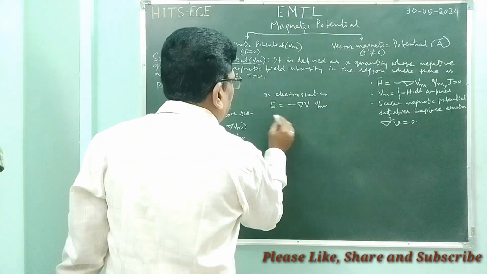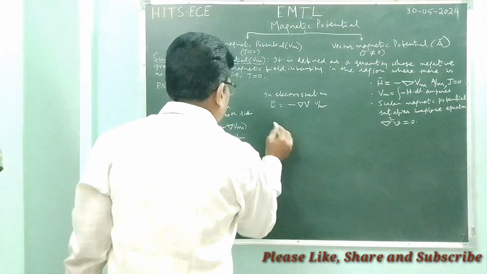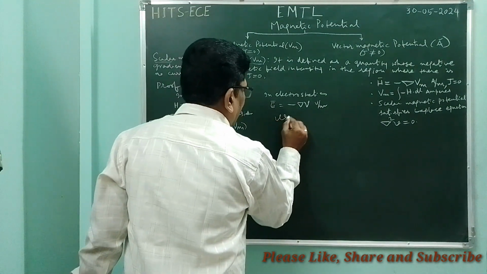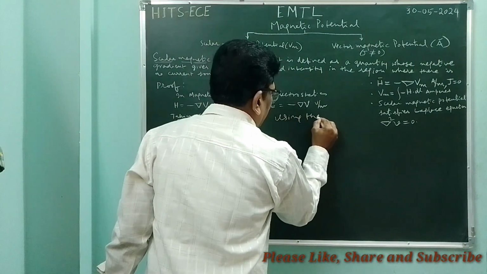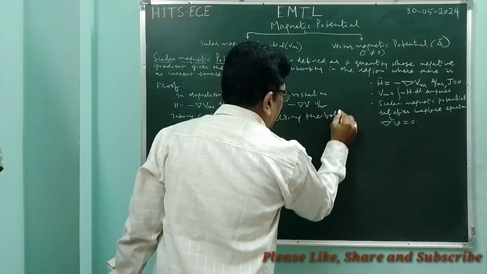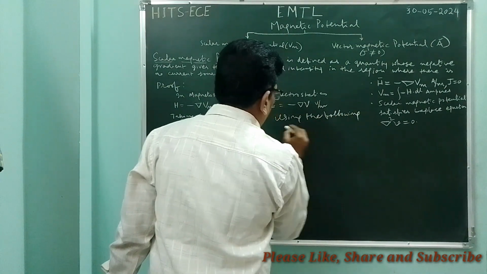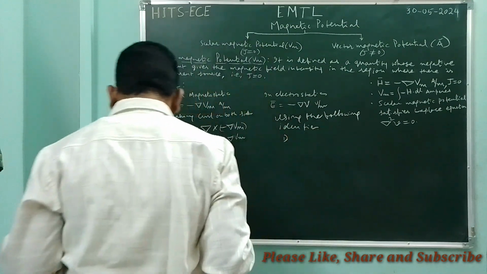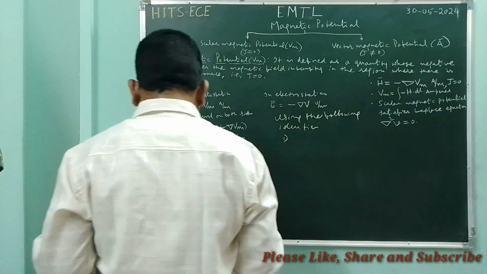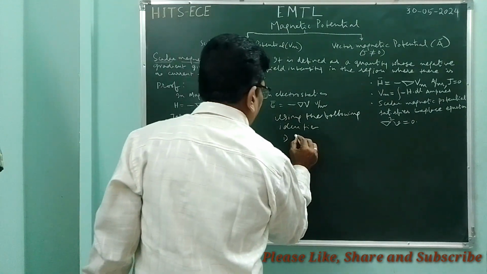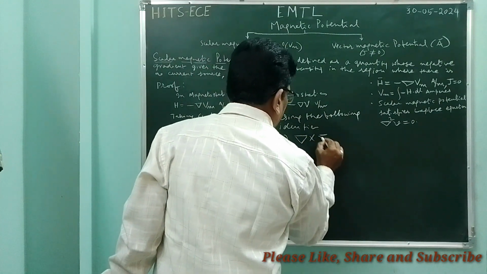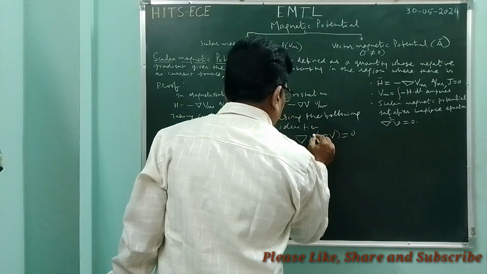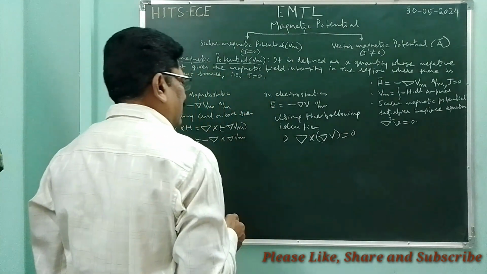As per the identities, let us consider these identities now. Using the following identities, the first one is del cross del V is equal to 0.